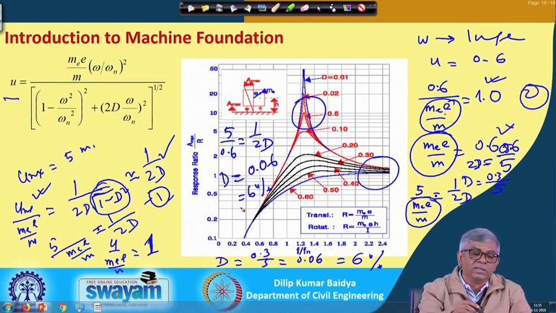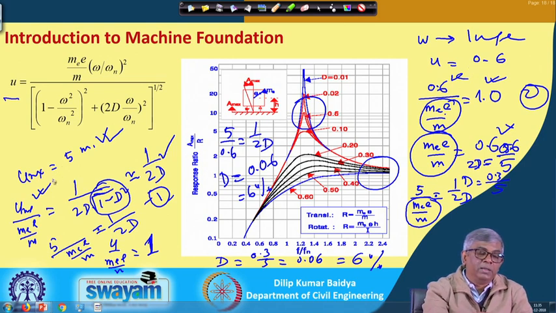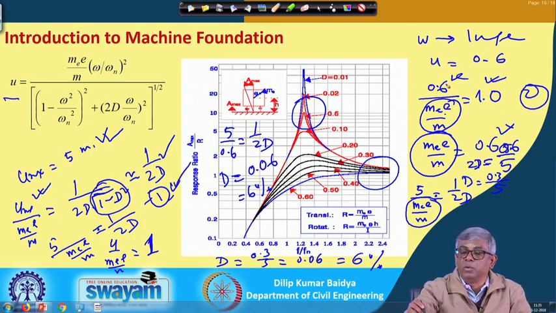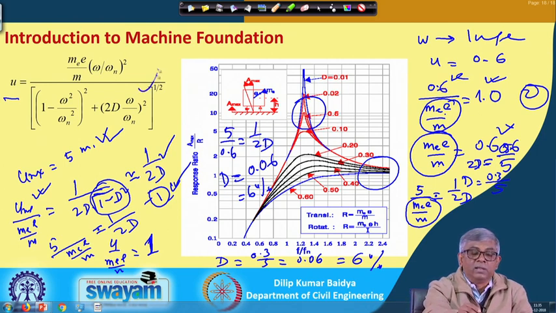One is 5 millimeter, another is 0.6 millimeter, and 5 millimeter is nothing but u max, and the u max expression is this. From there I get this equation, and the general expression of the magnification factor u over m e over m equal to this, and for large frequency this quantity becomes 1.